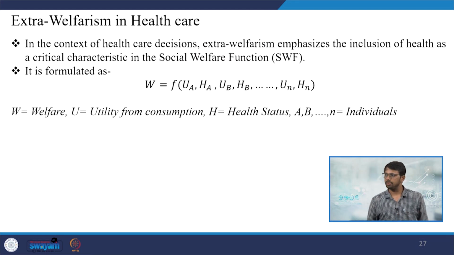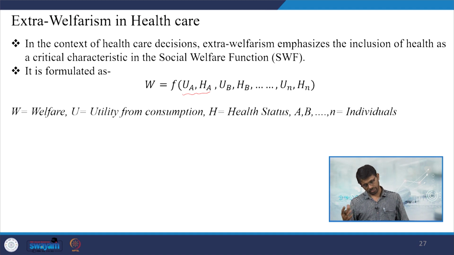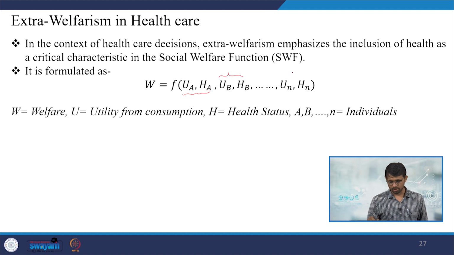Extra-welfarism in healthcare. In the context of healthcare decisions, extra-welfarism emphasizes the inclusion of health as a critical characteristic in the social welfare function. It is formulated as different utility from commodities and utility out of health state for some consumers or individuals.